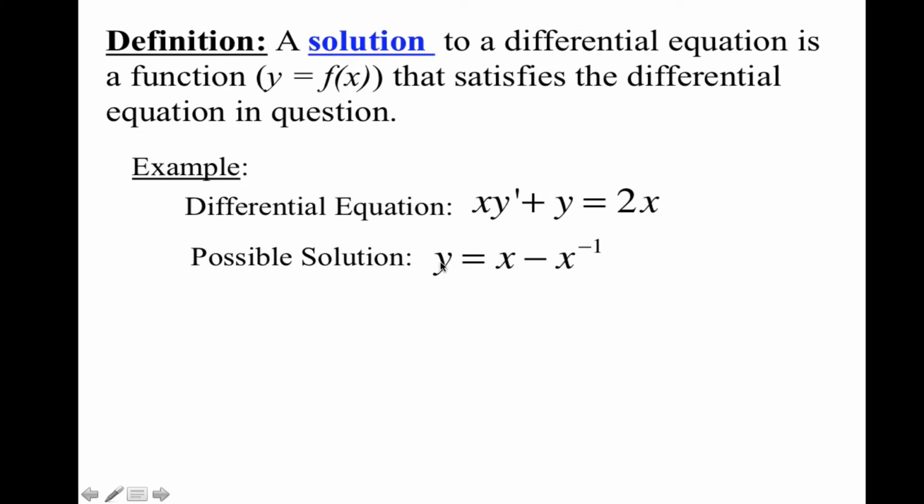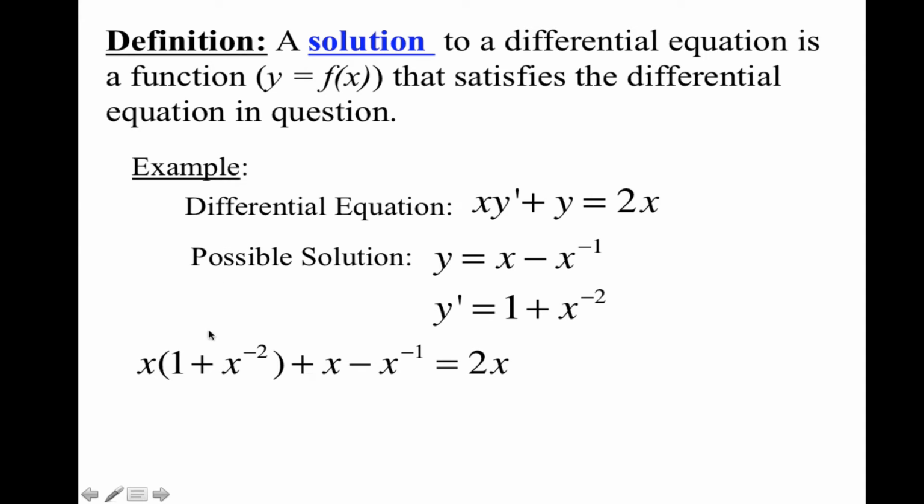So I already have what y is. y is x minus x to the -1, so I can plug that in for y, but I need y prime. So I'm going to take the derivative of this possible solution first to find y prime, which will give me 1 plus x to the -2. Now I'm going to substitute in y prime and y, and simplify to see if I get the left-hand side to equal the right-hand side.